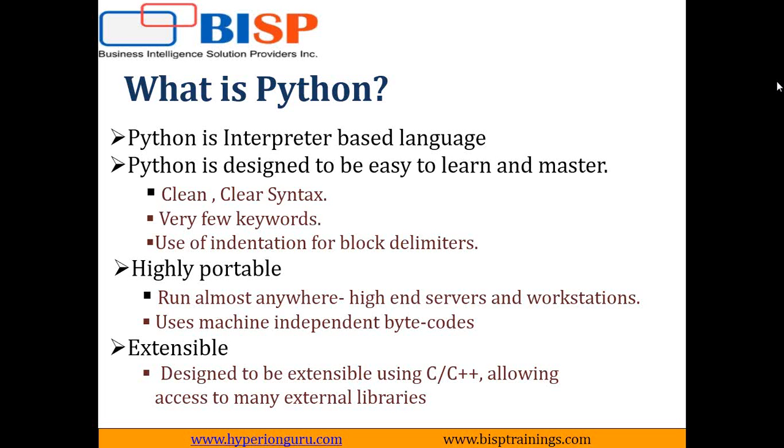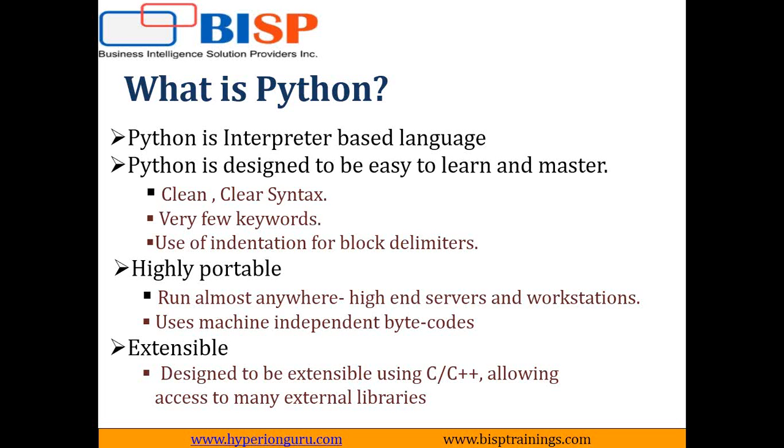For them, we have packages. We have different packages for incorporating C functionalities. For incorporating Java functionalities, we have Jython. By using them, we can add the functionalities of Java or C++ into Python.